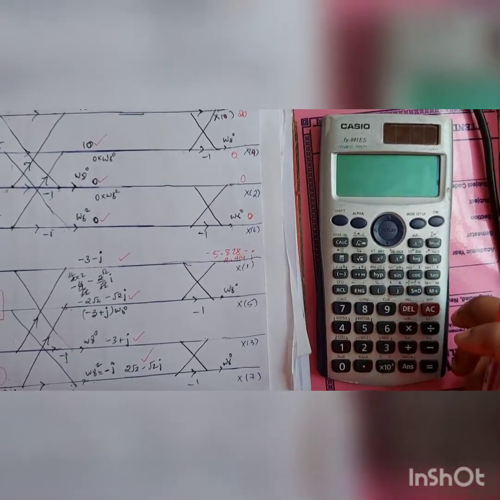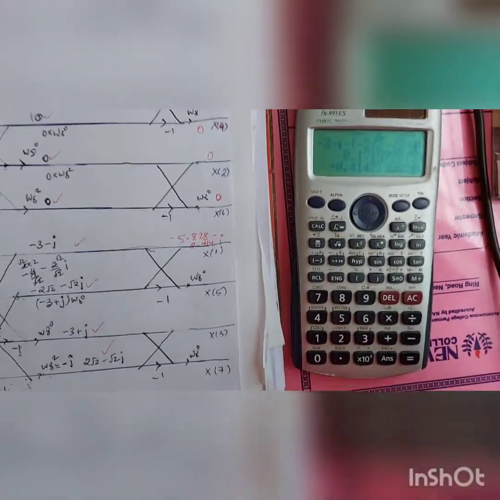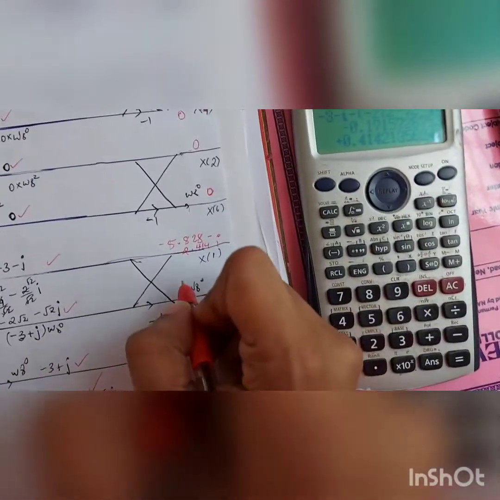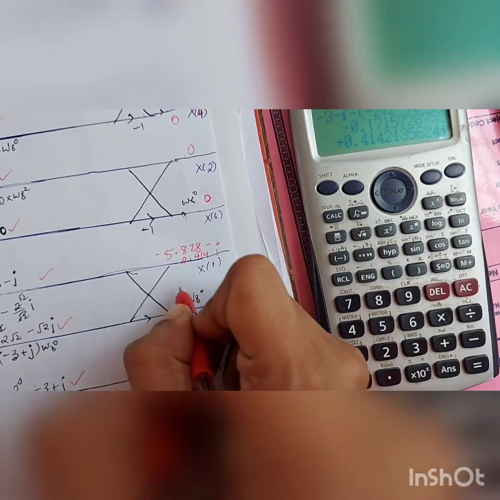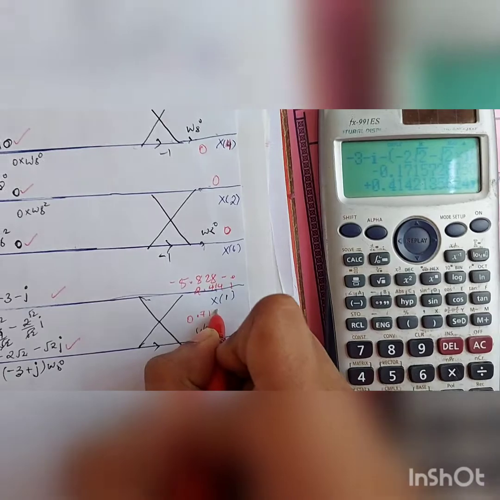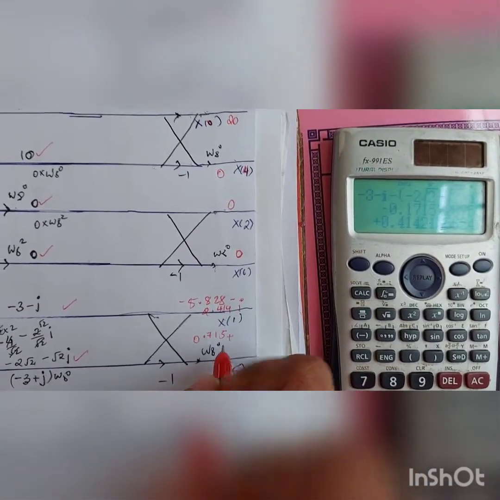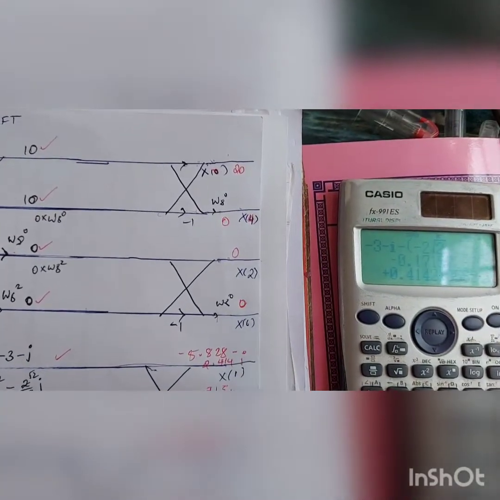Do it. What is the answer I get? I write that 0.71, that is the answer here, 0.715 or something plus 0.414j.